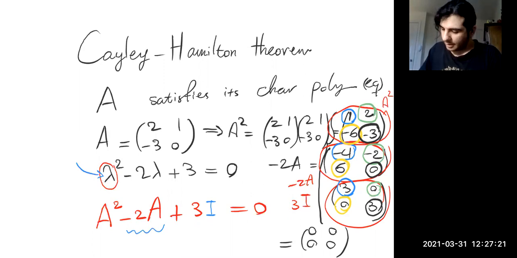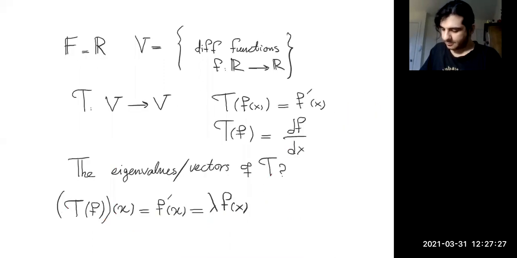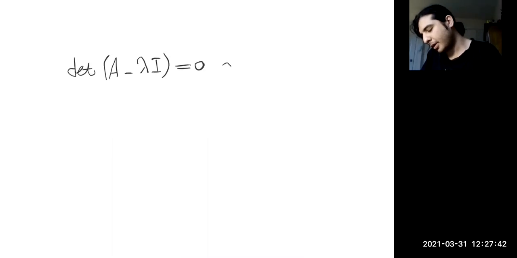Now I want to use this theorem. Maybe I should first state another theorem. So we know if we look at this matrix A minus lambda I, and if we compute its determinant and set it equal to 0, we get a polynomial.